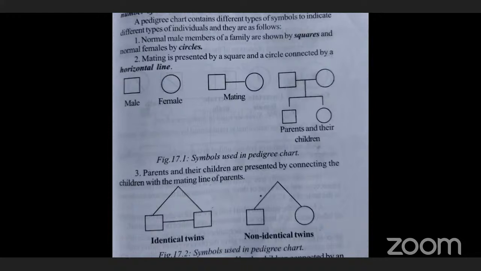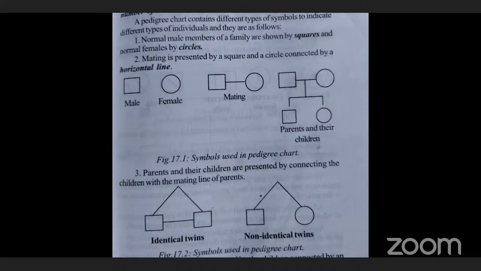Pedigree charts contain different types of symbols. It is the most important one. Surely one question will be asked from pedigree analysis. They will give a diagram, you must understand it and give the answer.